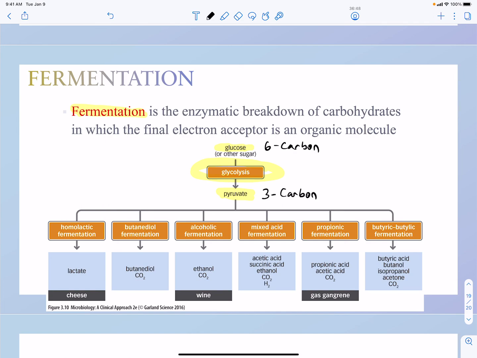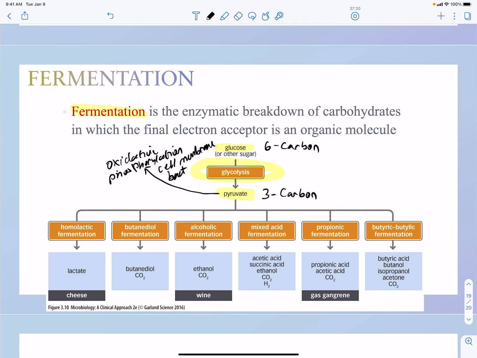And then pyruvate can go on to oxidative phosphorylation. And this would be at the cell membrane of the bacteria. In us, it would be in the mitochondria, of course. Or this 3 carbon pyruvate can be used to generate some other fermented product.